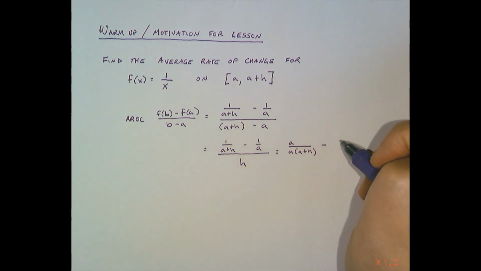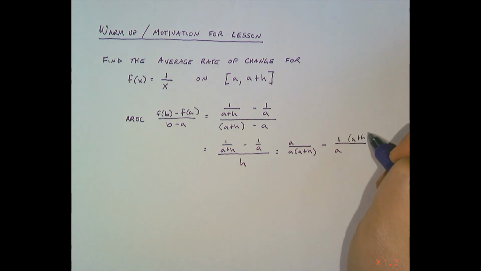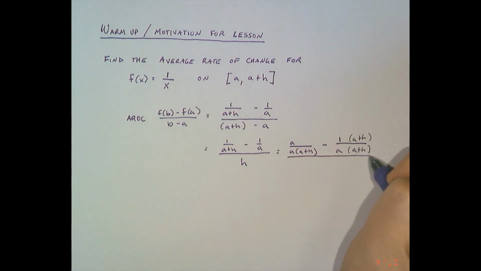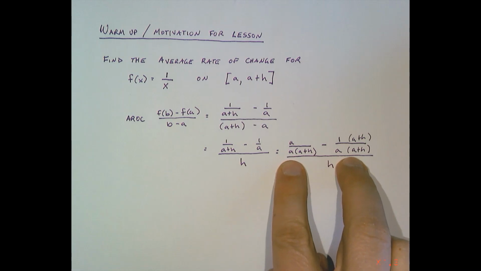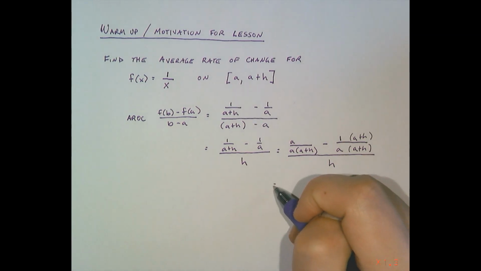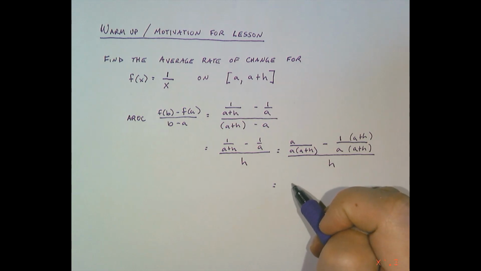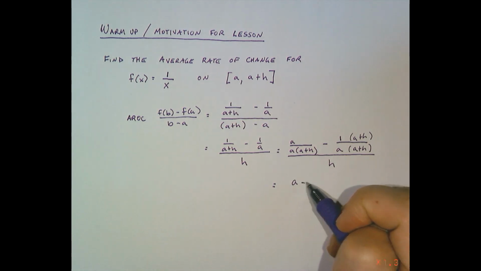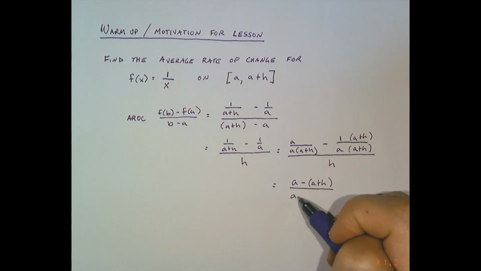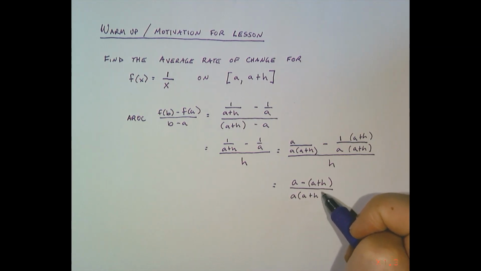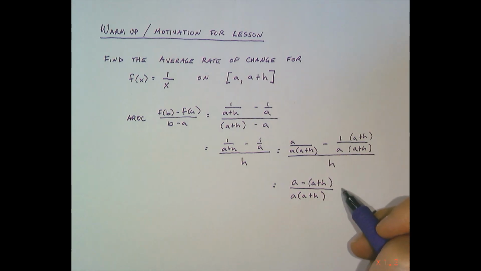And then if I take my second fraction and multiply top and bottom by a plus h, what winds up happening is my two fractions have the same denominator, and therefore I'm able to combine them into a subtract a plus h over a times a plus h. And this is being divided by h.